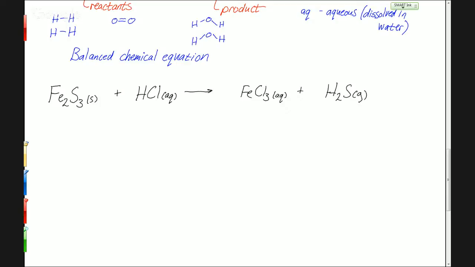All right. So just a little review. What's that starting reagent called? Fe2S3. What would its name be? Iron sulfide. Close. The words are iron sulfide, but what's missing? Iron 3 sulfide.